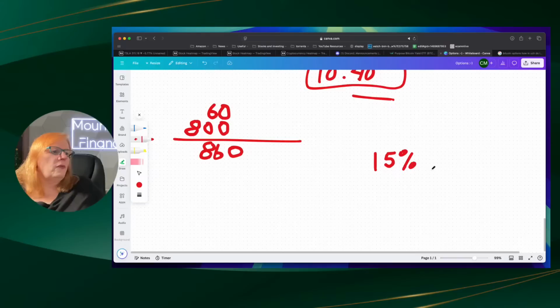Well, that there, of course, is annual. So, if this was 1 month, you're going to pay 1/12 of 15%. So in other words, you're not going to pay very much. Let's just say I'm picking a number. We're going to say $10.